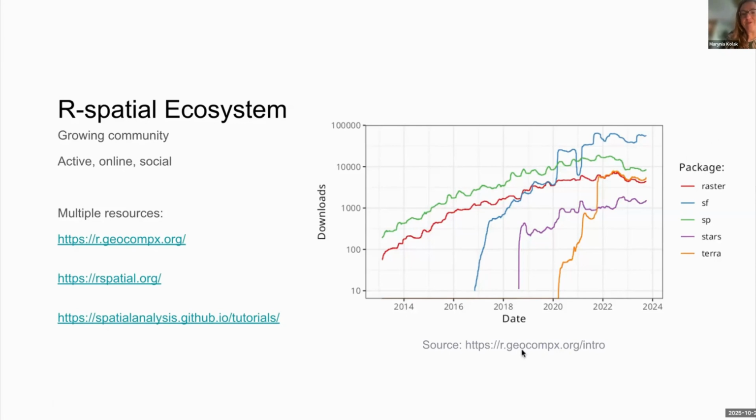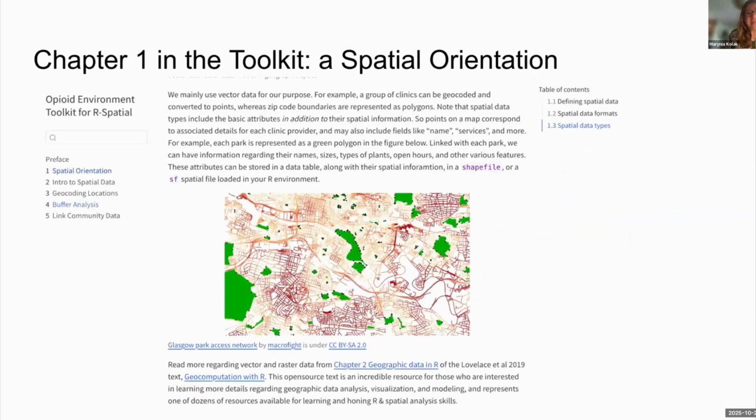So this text comes from the Geocomputation textbook intro. In chapter 1 of the toolkit, there's a little bit of an overview of a spatial orientation, so feel free to read through that a little bit more in your own time. Again, I'm trying to condense something that takes months, years, into just a few minutes.